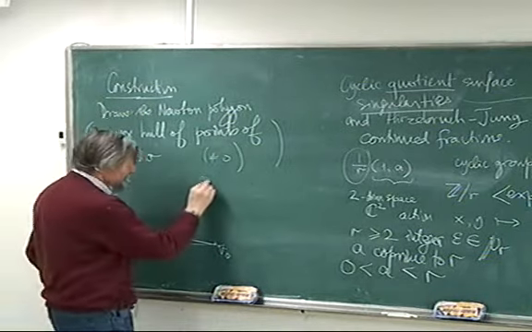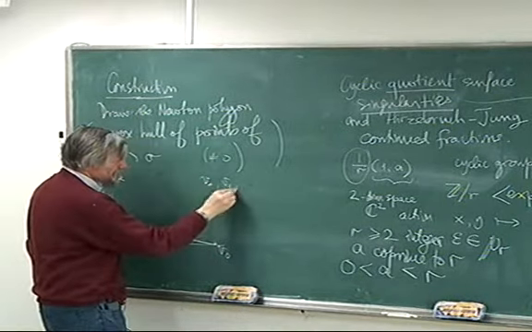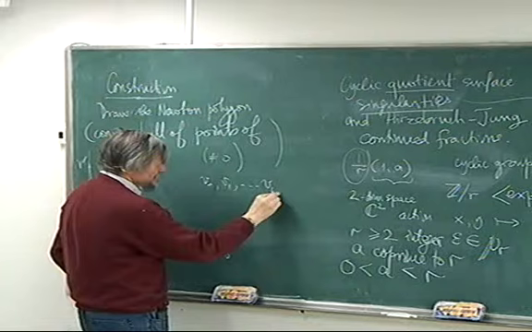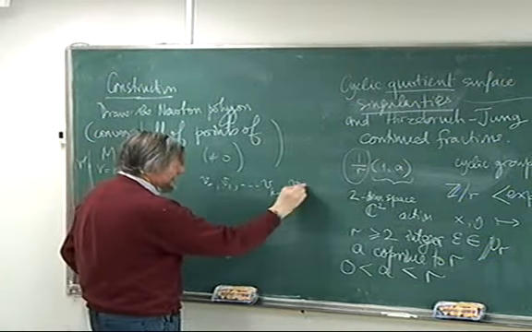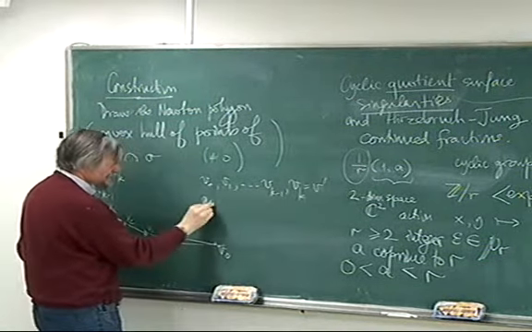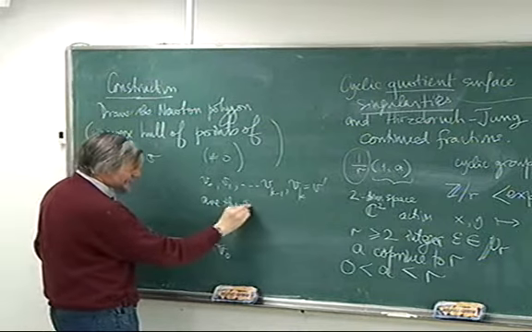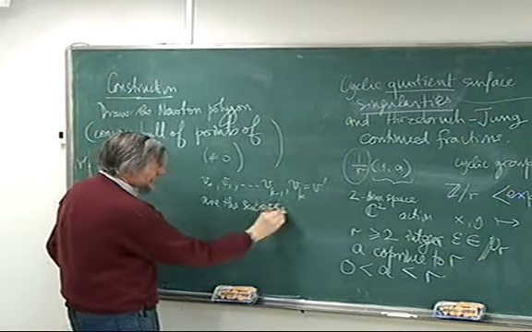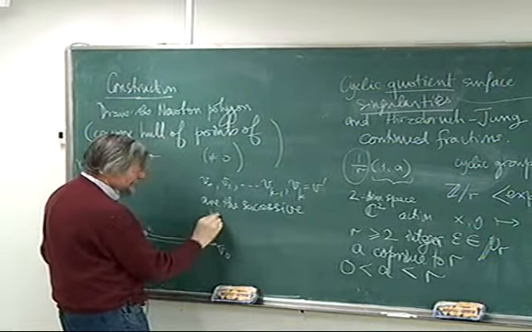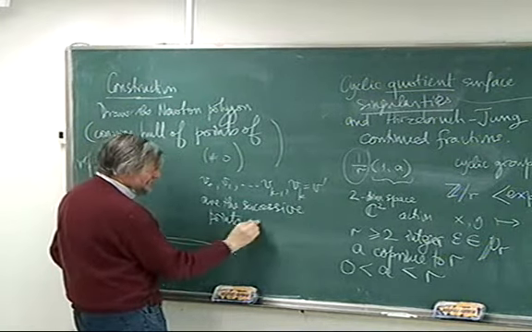So V naught, V1, ..., Vk minus 1, Vk equals V primed are the successive points on the Newton boundary.